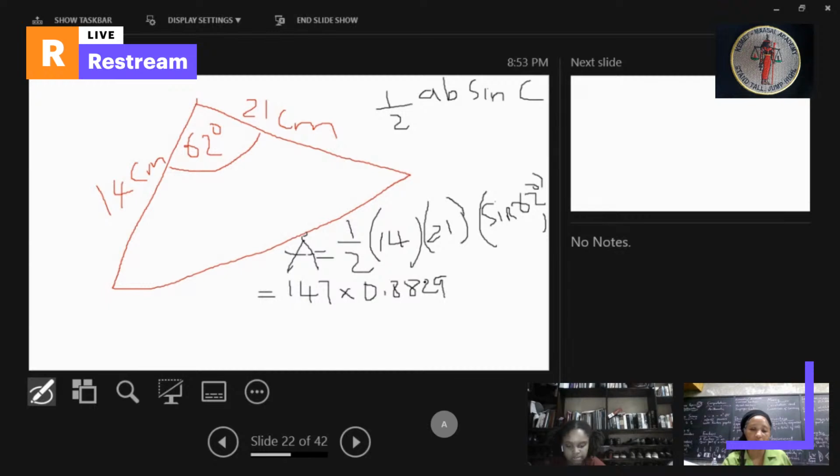Okay, so just multiply those, no? Miss, and I got 129.79 centimeters squared. All right. And that's it.